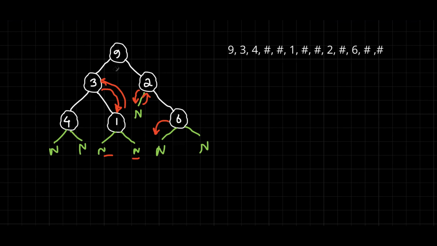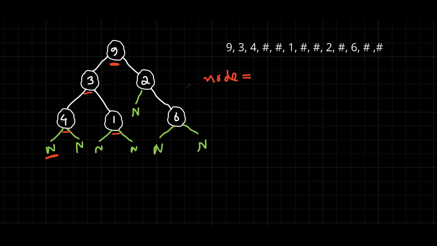So how can we do it? So far we have understood how this compressed string or the serialized string comes from this binary tree. Now we are given this string and we have to determine whether this string is a valid representation of a binary tree or not. So how can we do it?